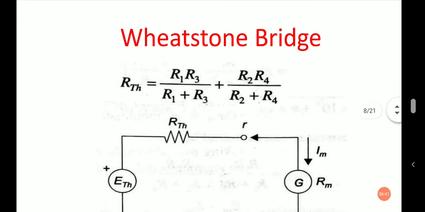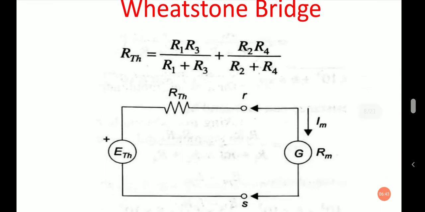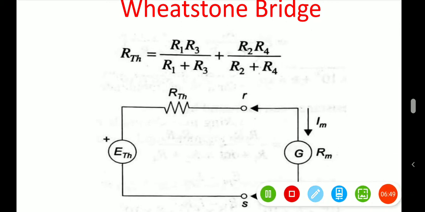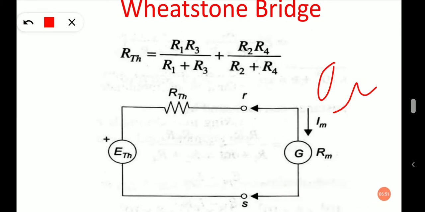In the figure, the internal resistance of the battery is assumed to be 0 ohm, since it is much lower than the bridge resistances.